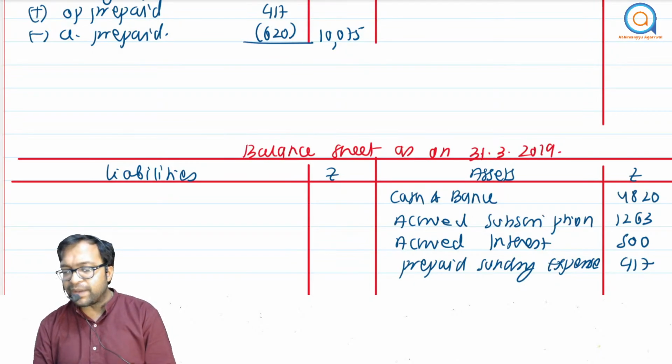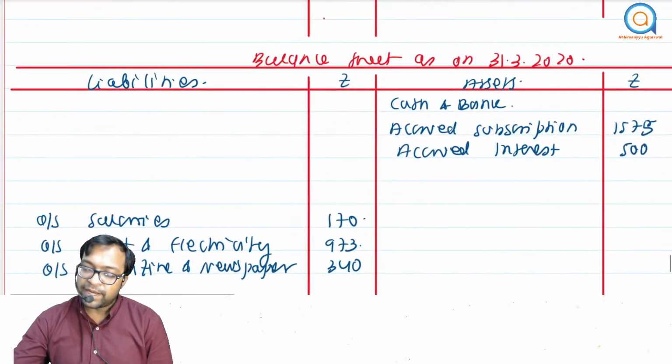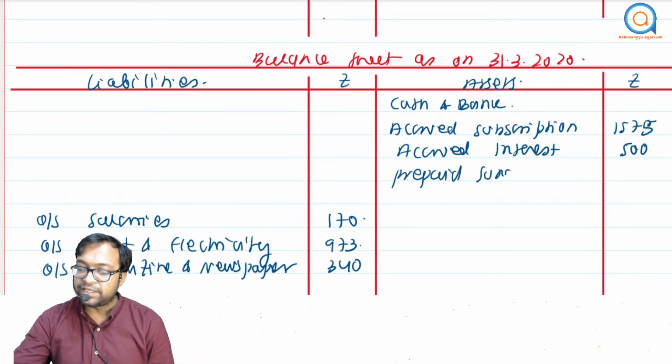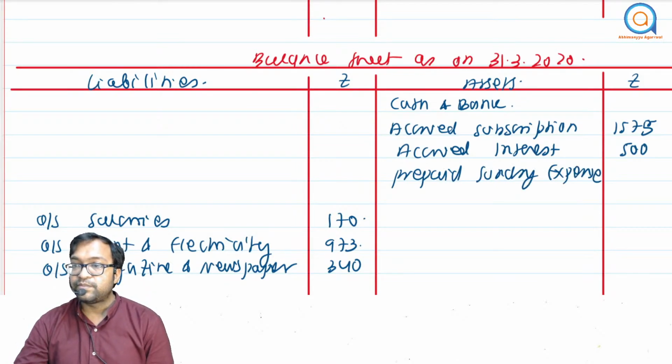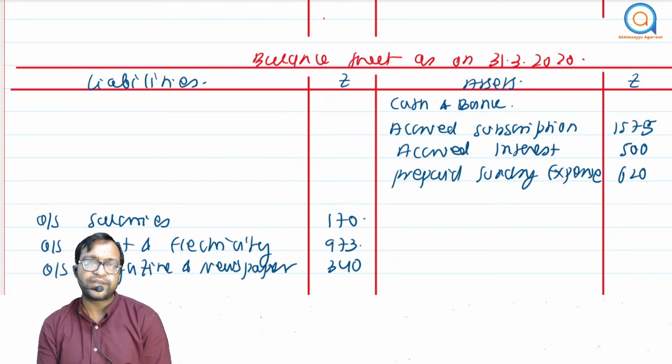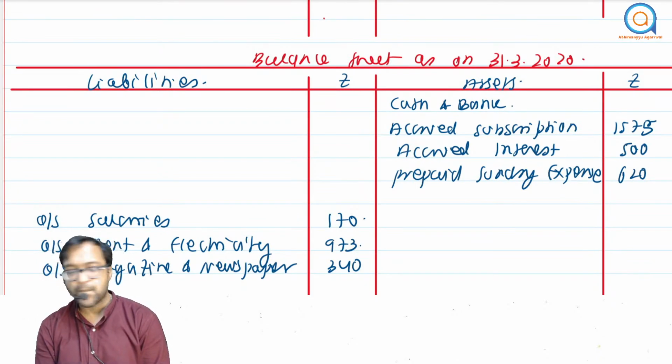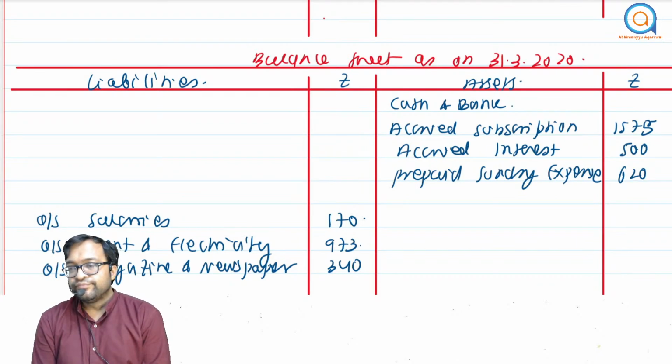Go to your closing balance sheet and write prepaid sundry expense 620. It was 620. Correct.